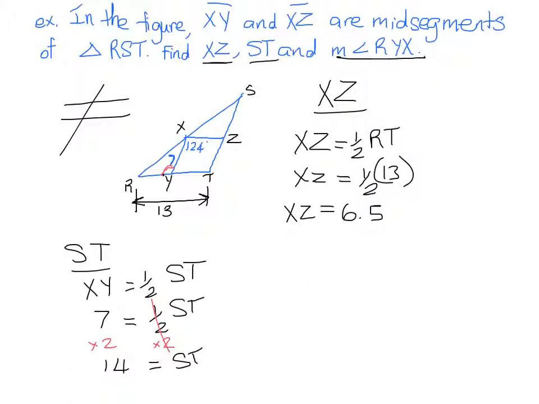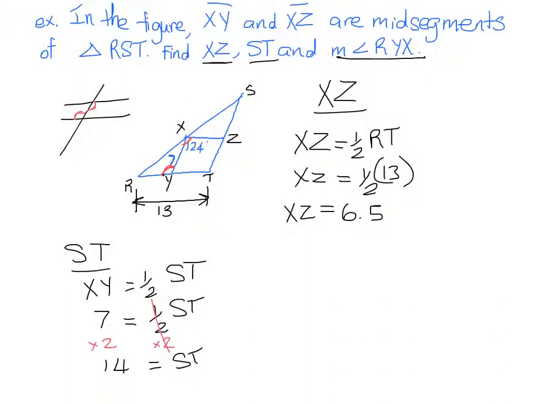In this case, the angle that we know is here, and the angle that we are looking for is here. They're both inside the parallel lines, which means that they're interior angles, and they're on opposite sides of the transversal, which means that they're alternate interior angles.